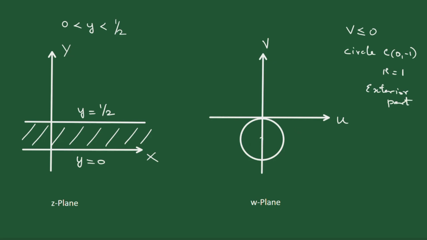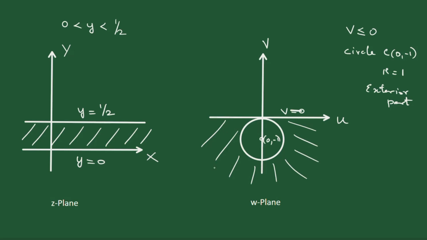So now let us consider this to be the circle with the center 0 comma minus 1 and radius 1, and then the exterior portion. Exterior portion means this is the exterior portion you have to consider, and then v less than or equal to 0. What do you mean by v less than or equal to 0? It means this is the line v is equal to 0. The u axis is nothing but v is equal to 0. The region below this u axis is considered as v less than or equal to 0.